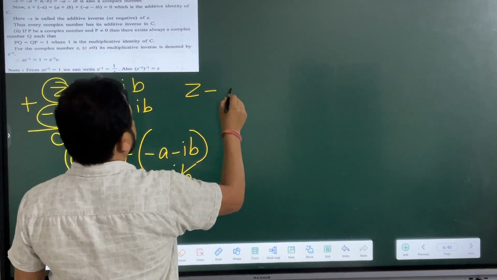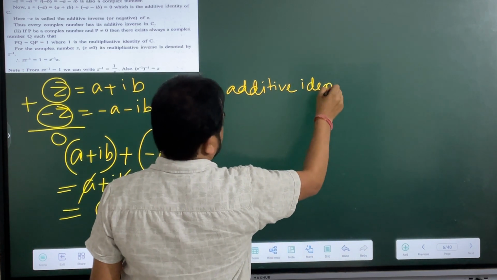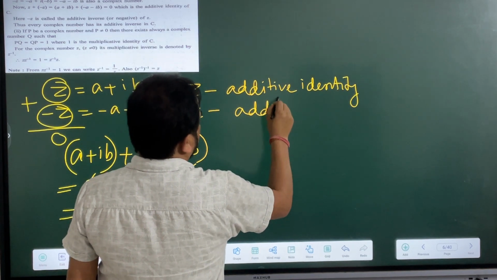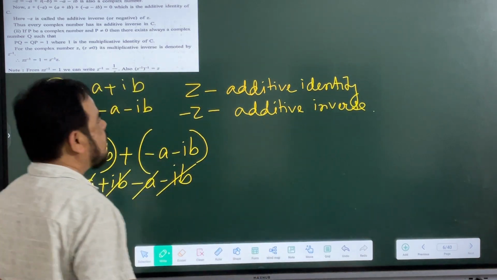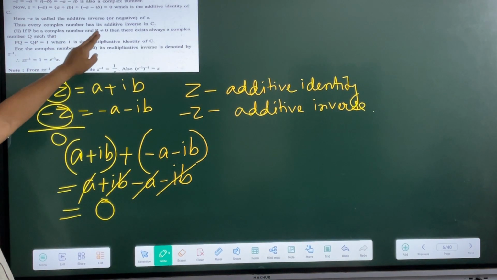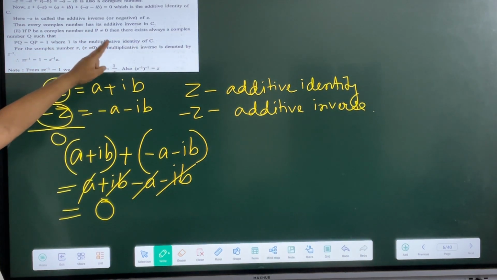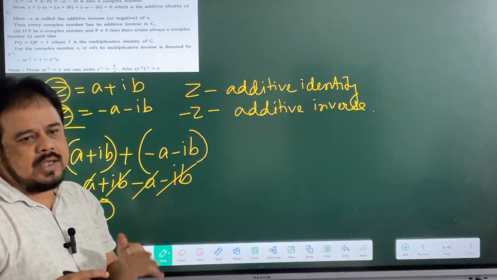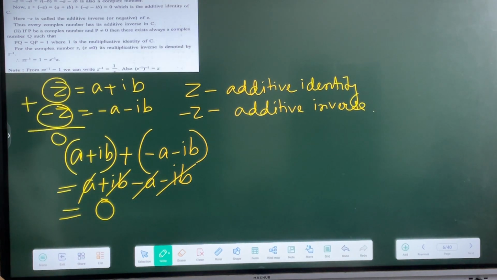Listen, 0 is called the additive identity. Minus z is called the additive inverse, or negative, same thing. So every complex number has its additive inverse in the complex numbers. Whenever you get a complex number, its additive inverse will be there.